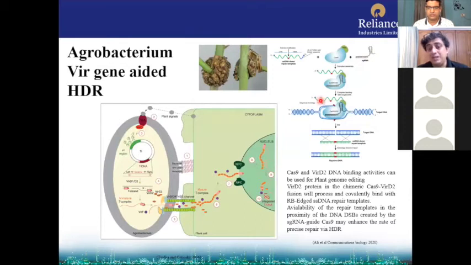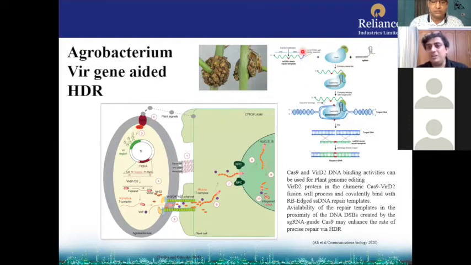Similarly, people are using it for gene knock-in. In the case of plants, we know we use agrobacterium for plant transformation. And that agrobacterium has many Vir genes. So now certain Vir genes can attach to the right border. Now you take a gene of interest, attach a right border sequence to it. Then with a Cas9, you attach a Vir gene.